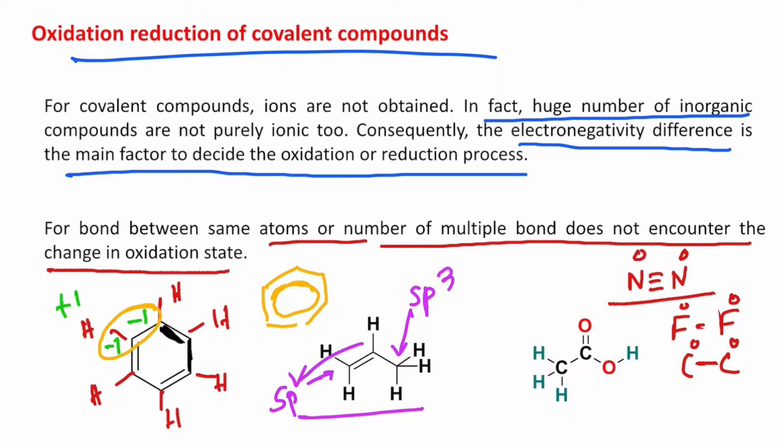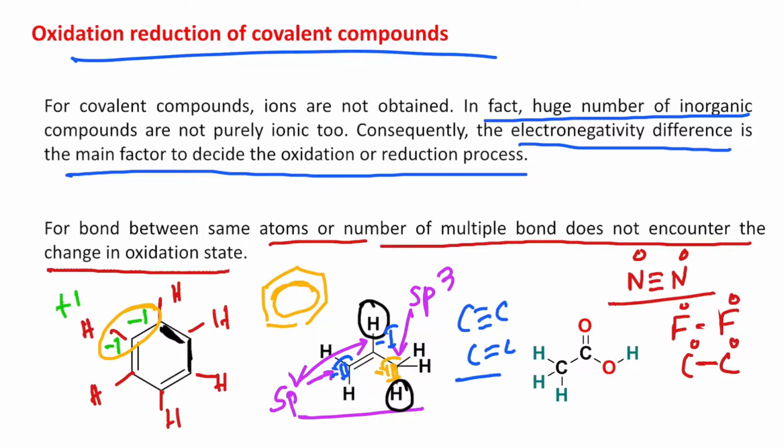This is also sp2. Now the oxidation state is determined based on these hydrogens. In this case, the oxidation state is -3, this carbon. In this case, oxidation state is -1 because one hydrogen is attached. In this case, oxidation state is -2. So from here also you can understand that carbon-carbon multiple bond doesn't involve a change in oxidation state or number.